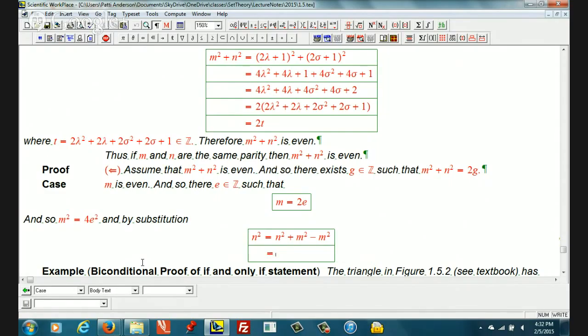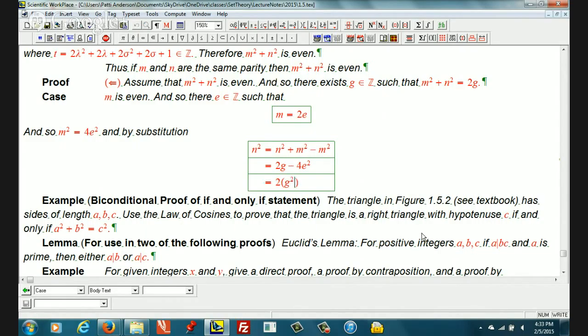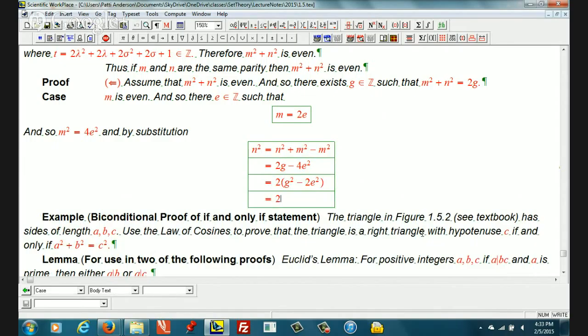But what is n squared plus m squared? It's an even number. Yeah, it's our 2g that we have from up there. So we're going to have our 2g minus, what is our m squared? 2e squared. Yeah, 4e squared. Factor out our 2. It's going to be g minus 2e squared, because it was e squared and everything's squared, right?